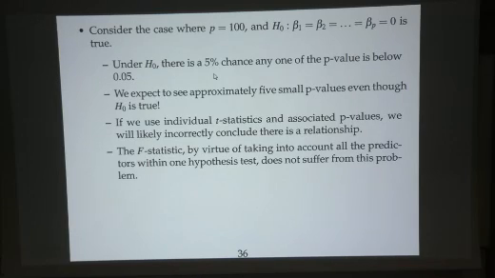Even if all of the coefficients are 0, there is a high chance that 5 of them will be small, and you will argue incorrectly that at least 5 of them have a significant effect on the response, but we assumed in H naught that no predictor has any effect on the response.